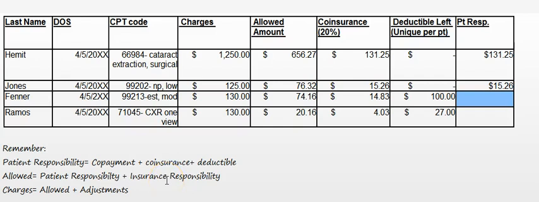We cannot collect the difference between the charges and the allowed amount. That's called balance billing, and if you're participating, you cannot do that. So the sum total of what we can collect from the patient is this $74.16 right here.